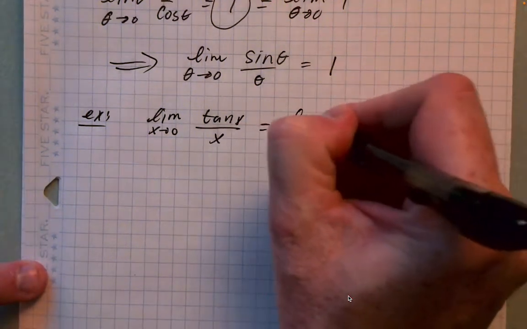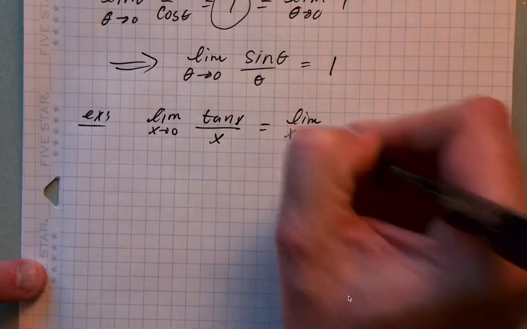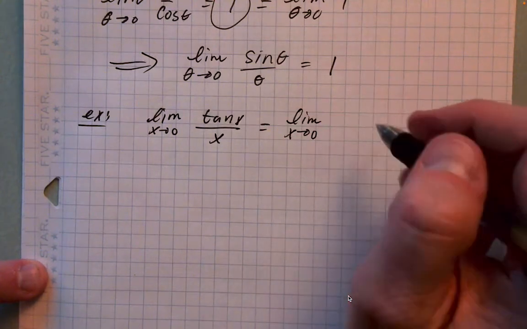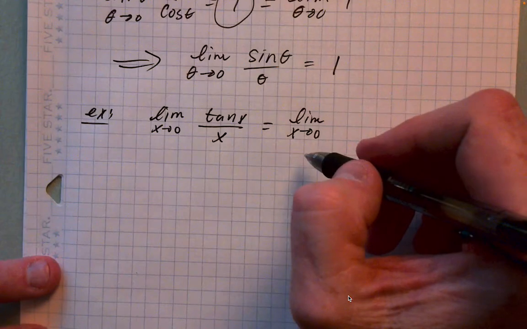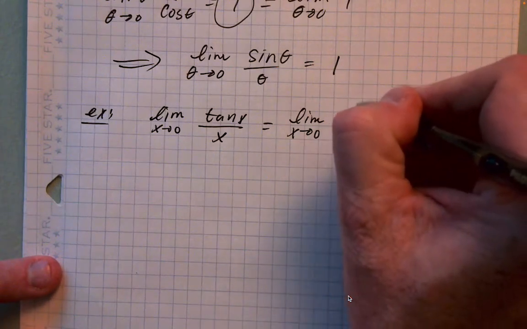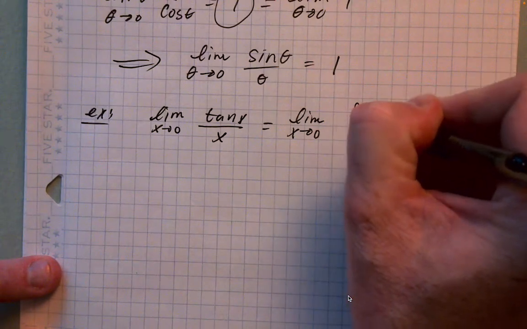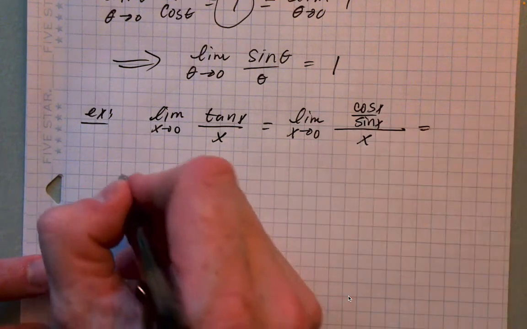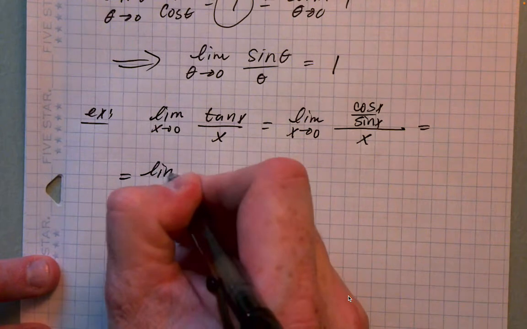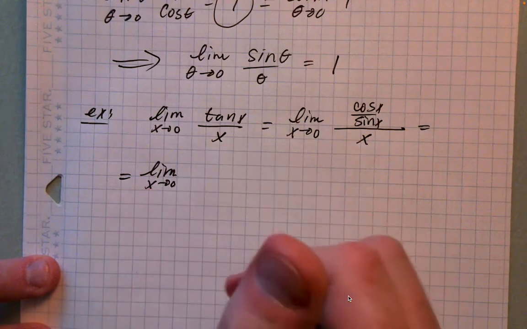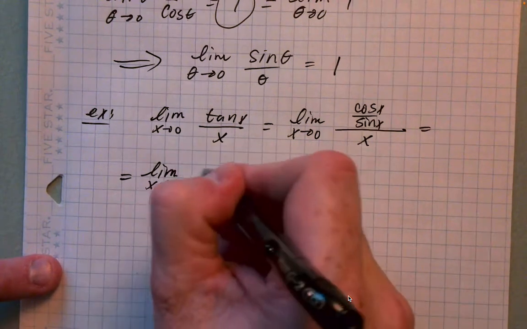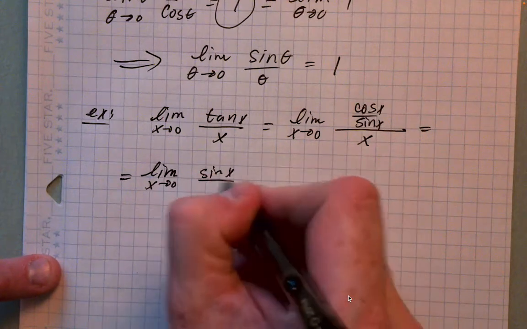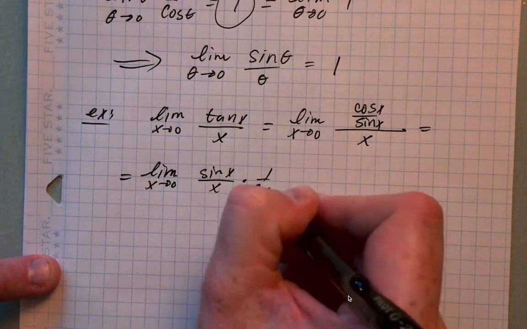This would be equal to the limit as x goes to 0 of, instead of tangent of x, we can write sine x over cos x, all over x. And a more useful way to write that might be to write it as the sine of x over x times 1 over the cosine of x.